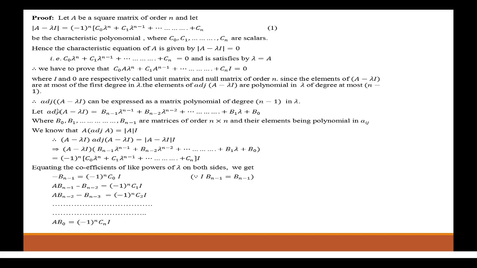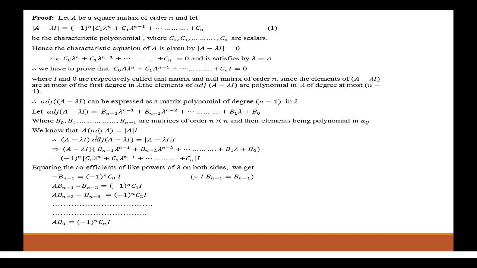Let us take adjoint of (A - λI) = B(n-1) λ^(n-1) + B(n-2) λ^(n-2) + ... + B1 λ + B0. In this equation B0, B1, ..., B(n-1) are matrices of order n × n, and their elements are polynomials in aij.